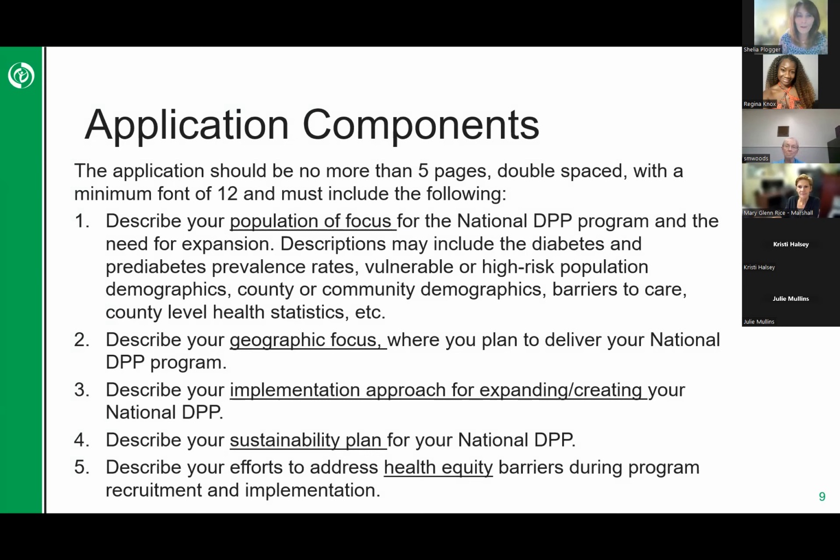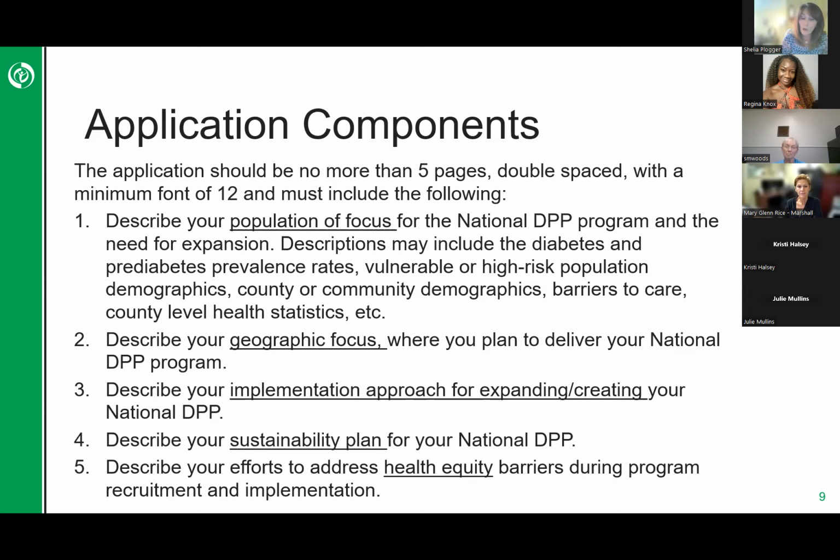And I'll talk a little bit about some of the components of the application. It's pretty basic, of course, like most applications, no more than 5 pages, double spaced, with a font of 12. But we ask you to describe your population of focus for the National DPP and your need for expansion.